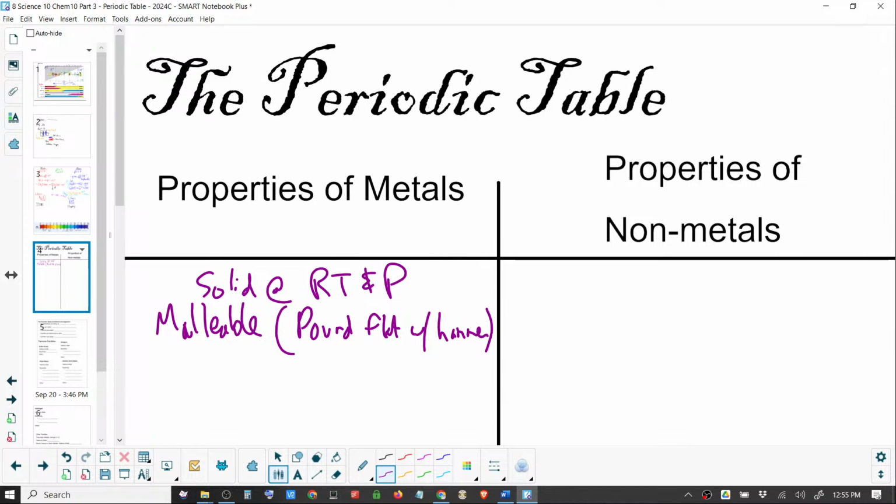Yes. Ductile. Do you know what that means? Wires. Yep. You can stretch it into a wire. Yep. Sometimes magnetic. Excellent.